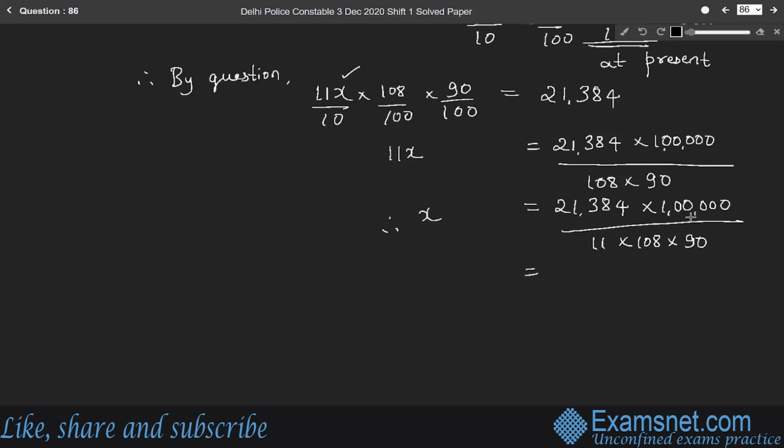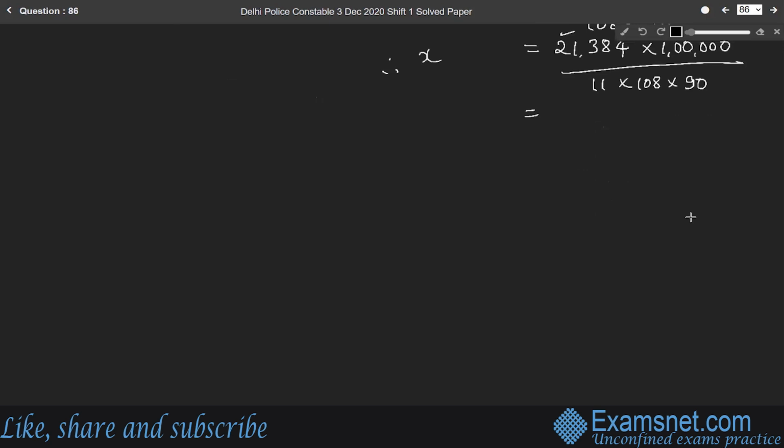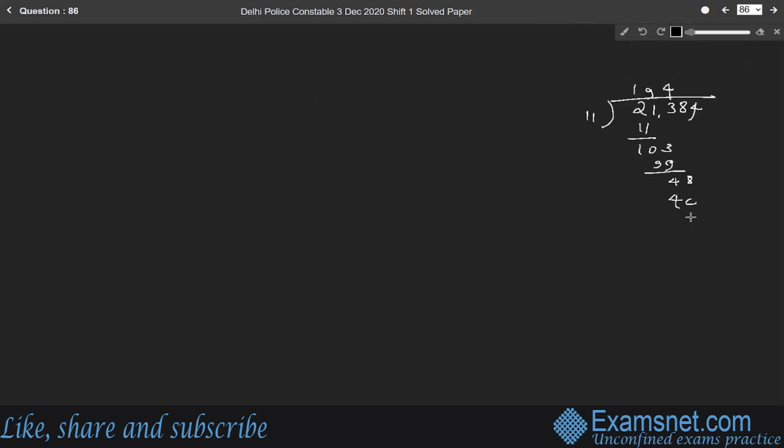So let us check whether 21,384 is divisible by 11 or not. So here, 21,384 by 11. So here 4 is the remainder. So 11 into 4, again 11 into 4.